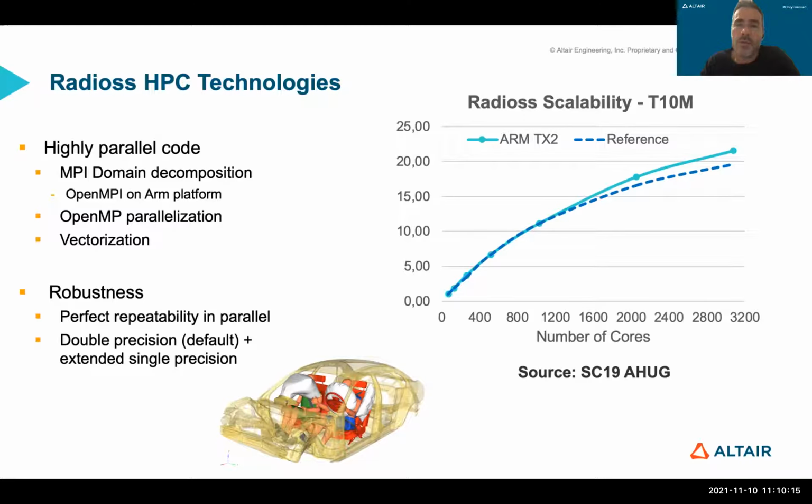Just to illustrate the level of performance scalability that we achieve with this code, I put on the right this scalability curve that I presented at the SC19 ARM user group. This is a comparison of performance scalability that we obtain on ARM. Here it was on the Bristol cluster, with ThunderX2 CPUs, and we see that the scalability is very good.